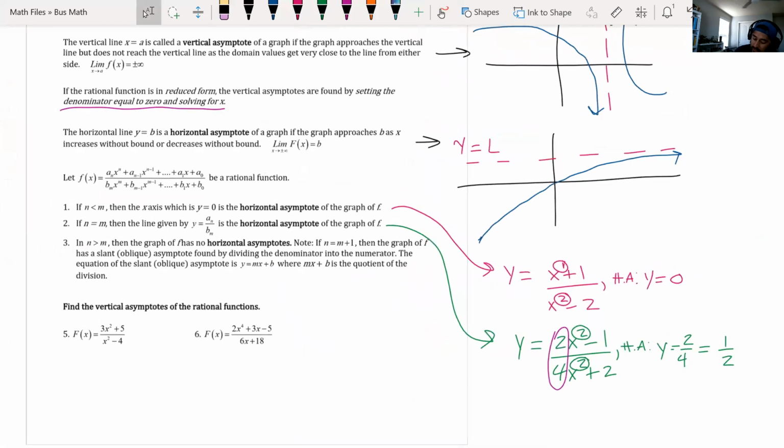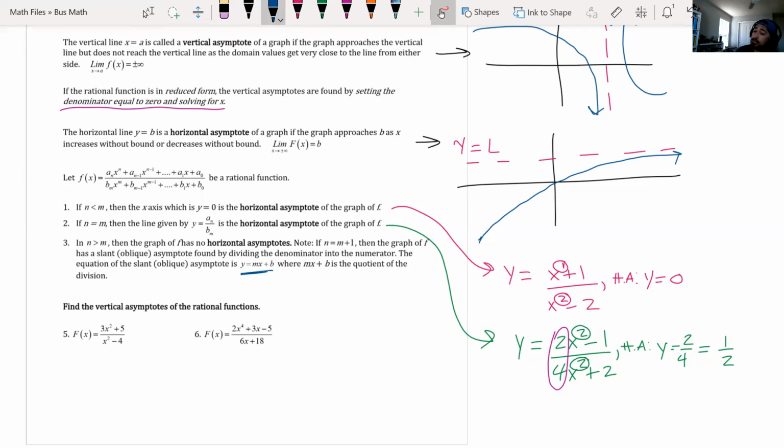Okay. And then rule 3, if the degree of the numerator is bigger than the degree of the denominator, then we no longer have a horizontal asymptote. We have something called an oblique or slant or linear asymptote, which will be in the form of y equals mx plus b.